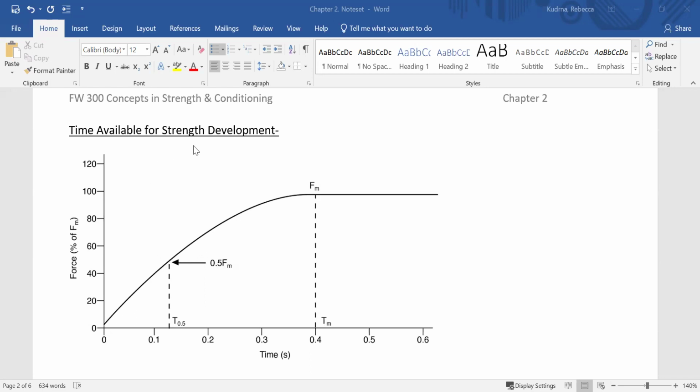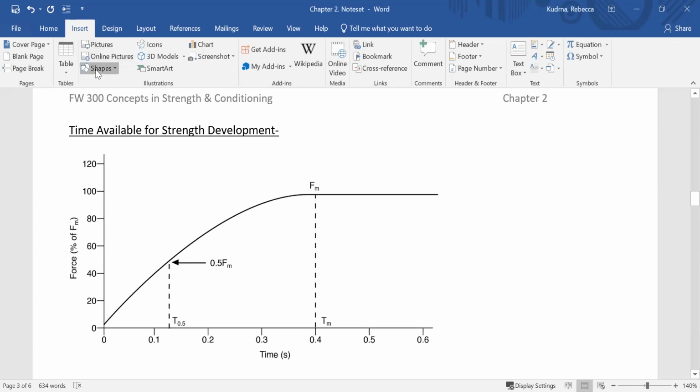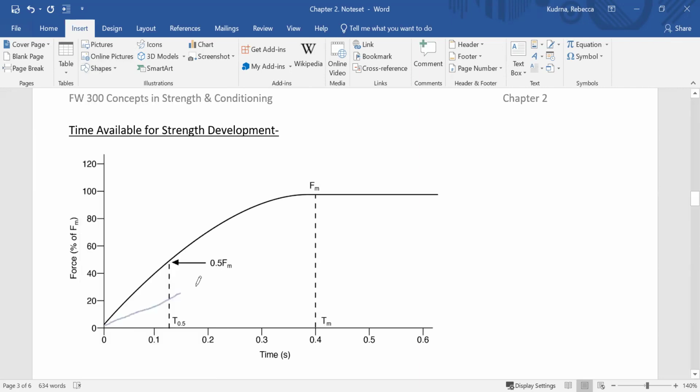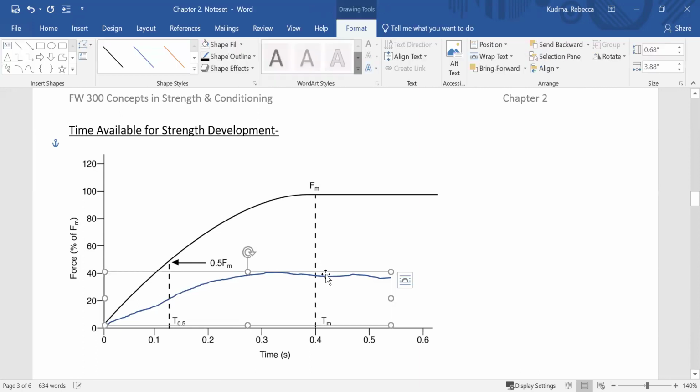And rate of force development is far more important in most sports than actual maximal force is, because as you will see, actually before I move on, let me draw some here. If somebody's rate of force development was like this, we see that they are not only weak, their maximal force is low, but they develop that force quite slowly.